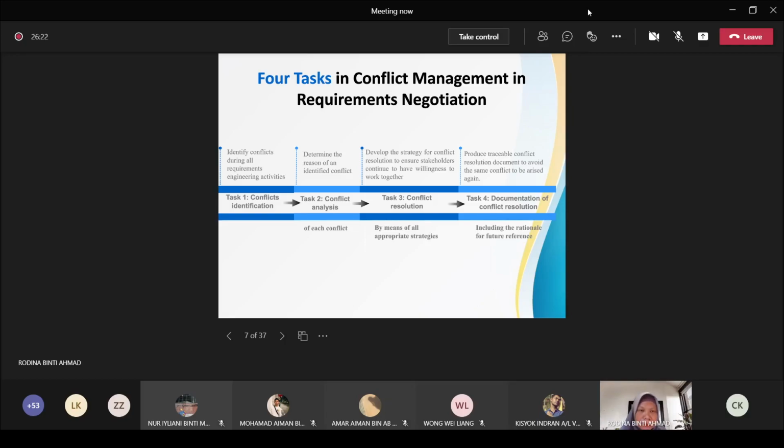Okay, we go into a little more detail. Where we talk about conflict identification, conflicts can occur anywhere, in most of the activities in RE. So as the requirements engineer, we have to be observant.